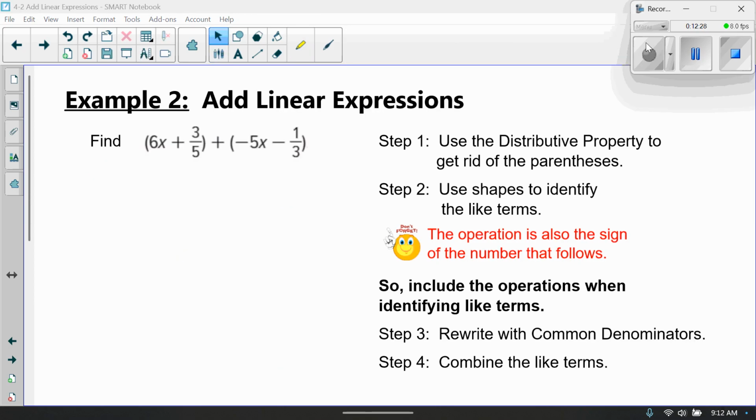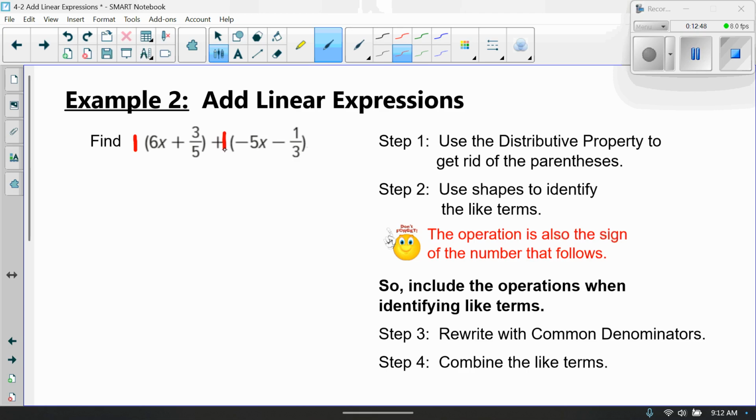All right, so here is example 2, and we're going to throw in some fractions. Not a big deal. We just need to get common denominators, okay? So, just like with example 1, we are distributing a positive 1. So when you distribute a positive 1, draw your arrows.